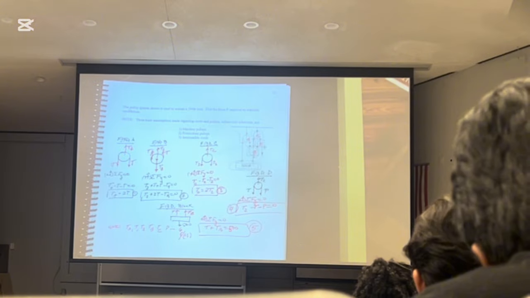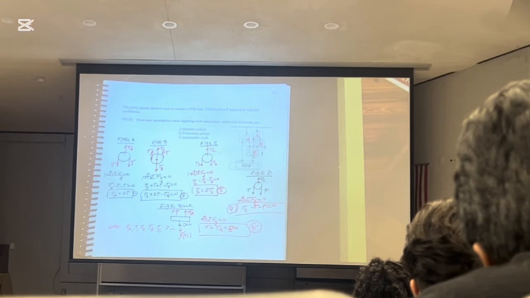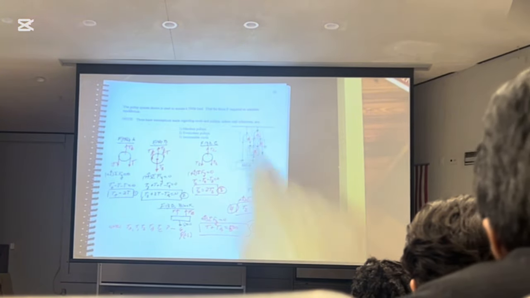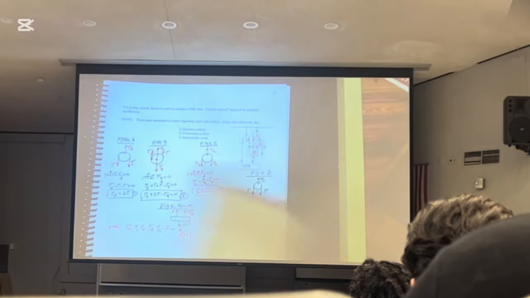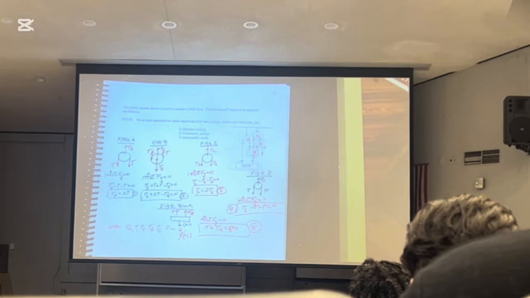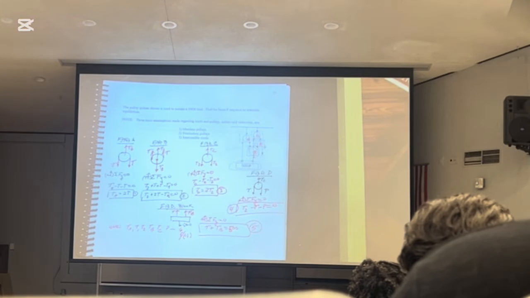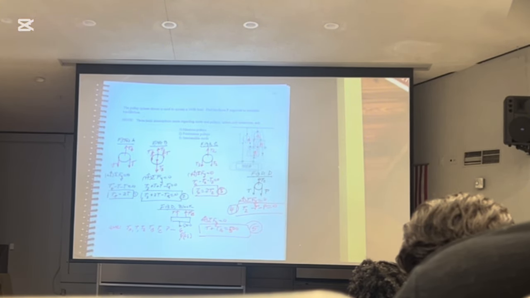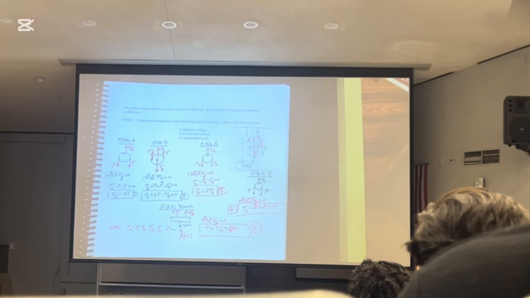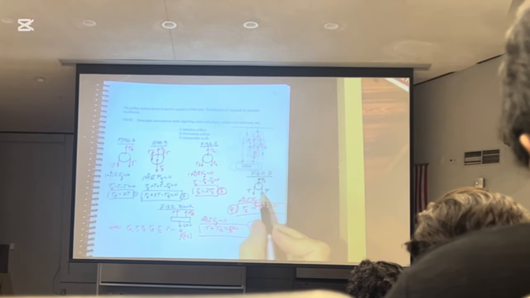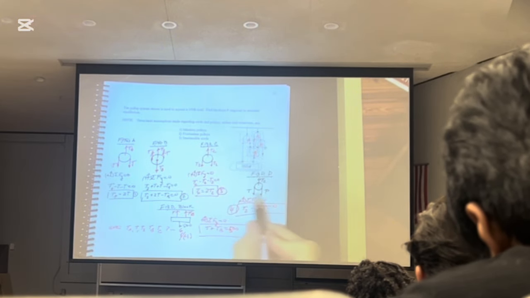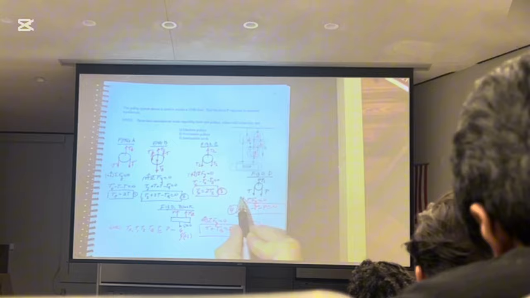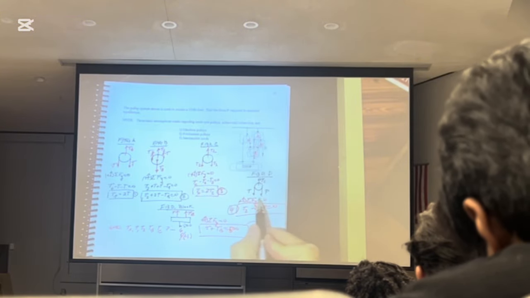So what's missing here? You can spin your wheels, go round and round and round. You ain't solving this because there's too many unknowns and not enough equations. What's the equation that's missing? It's pretty obvious. Well, look at this guy. What do we say on either side of the pulley? They have to have the same value.